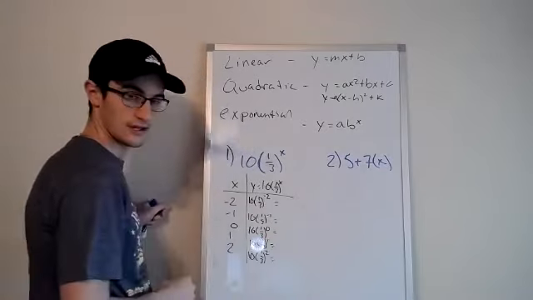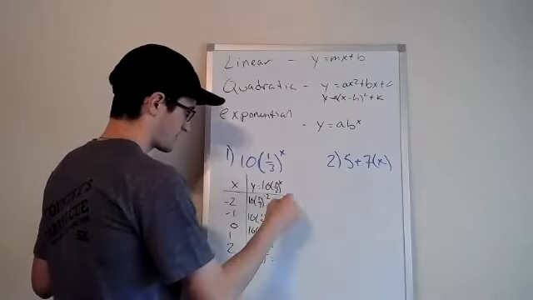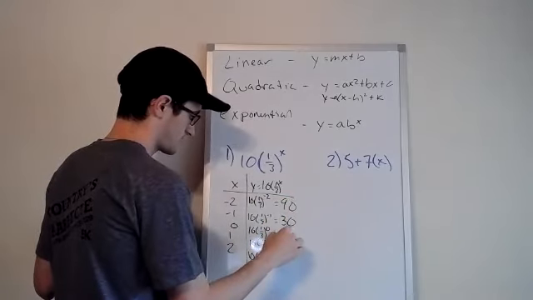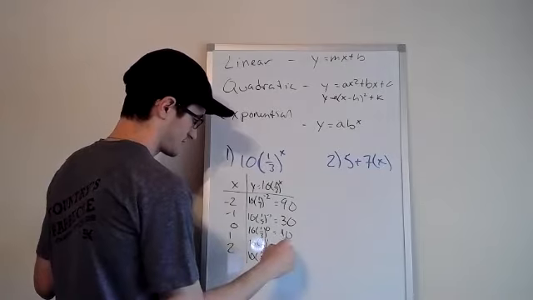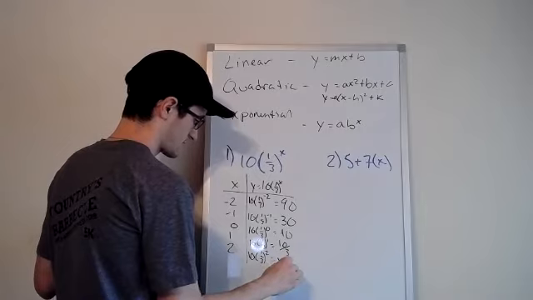Hopefully it's not too low. Again, your calculator is going to be handy here, but I think that gives you 90, 30, 10, 10 over 3, and 10 over 9.